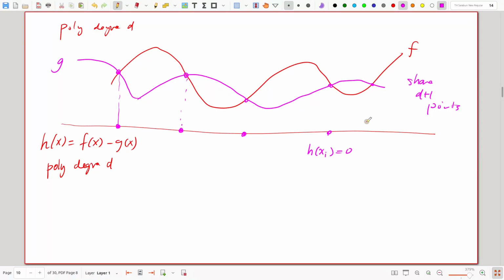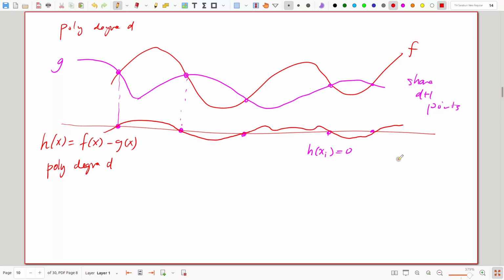So this will be 0, and h would look like something going up and down. And what are these points? These are roots of h.